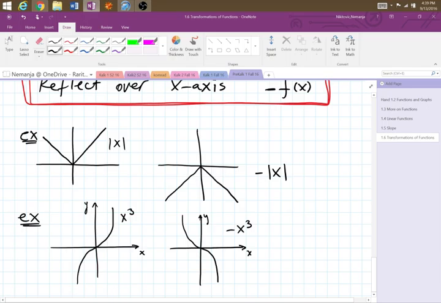But what do we know? This is negative x times negative x times negative x, which is, again, this, right? Three negatives make negative, and negative is positive, and another negative is that negative. So you actually get the same thing.